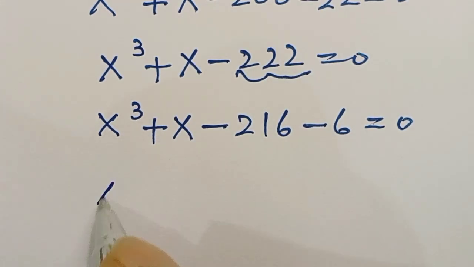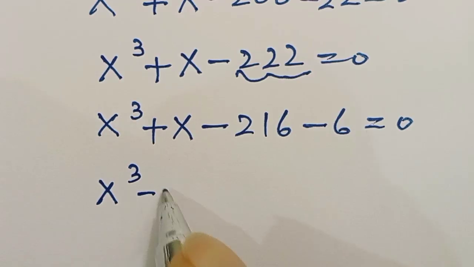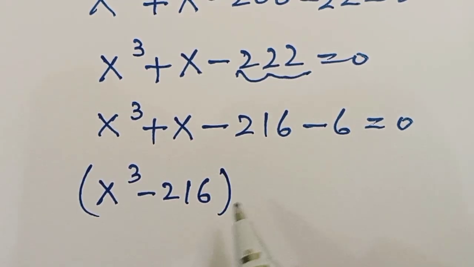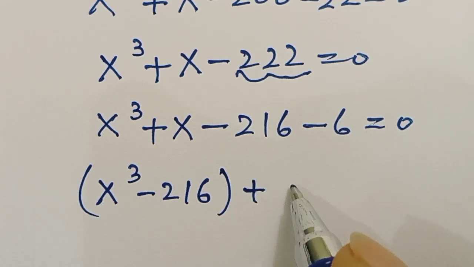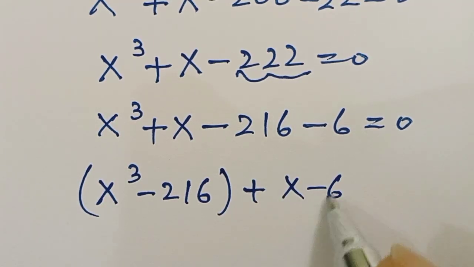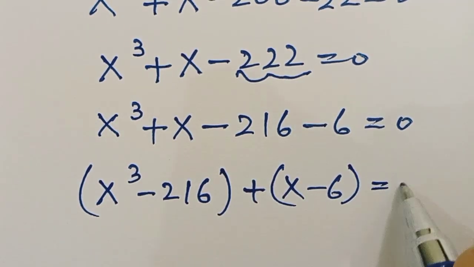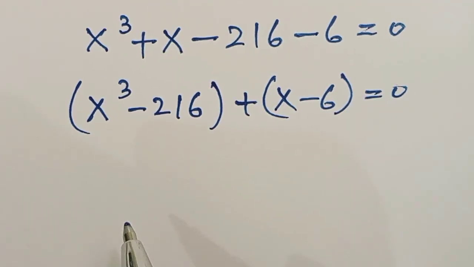So x cube minus 216 plus x minus 6 is equal to 0.